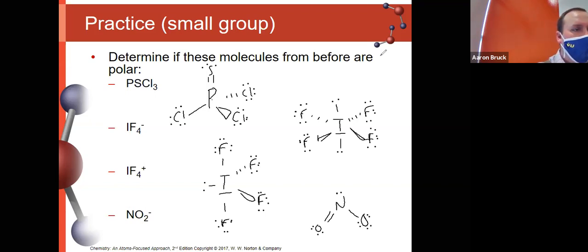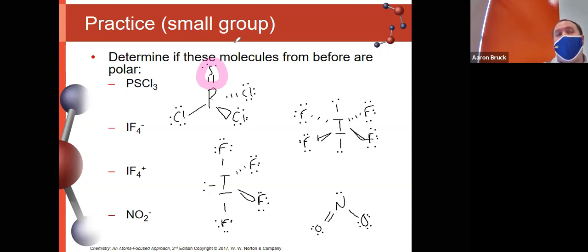So in the first one, PSCl3, this bond to sulfur is your asymmetrical element. Everything's bonded to chlorine except for up top. It's bonded to sulfur. Sulfur and chlorine have different electronegativities. They have different wants for electrons. That's going to create a little bit of distortion.